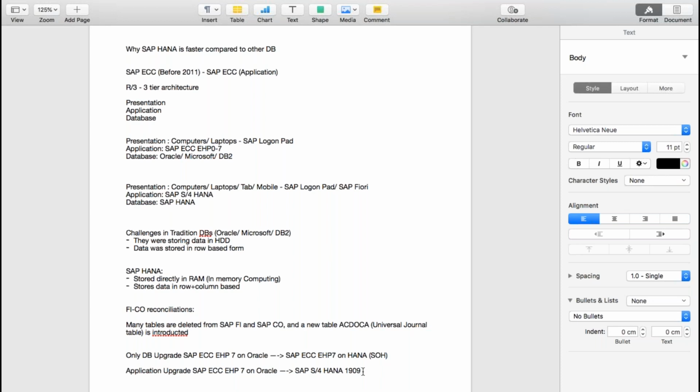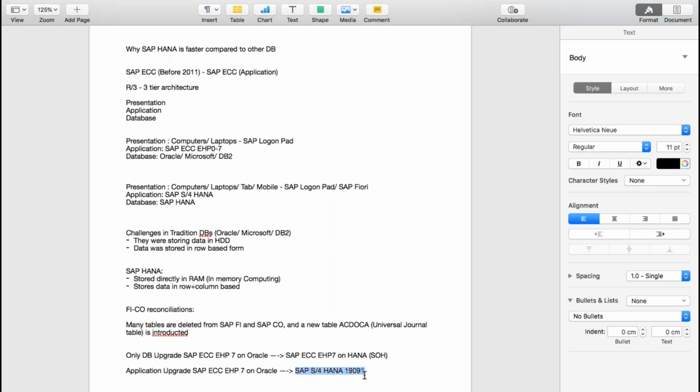SAP ECC 6, even though it is EHP 7, is completely different from S4HANA. So if the customer wants to change everything, database as well as application, it means it's a completely new S4 environment, right, Vikram? Yes, exactly. Once you upgrade the application, you will be coming to the complete new SAP S4HANA environment.